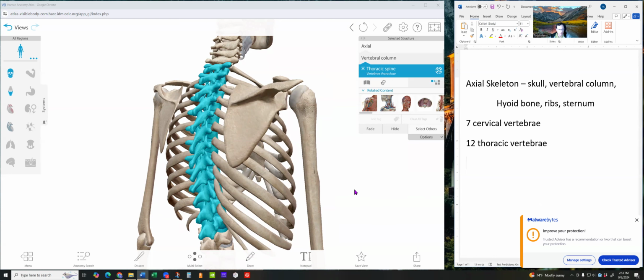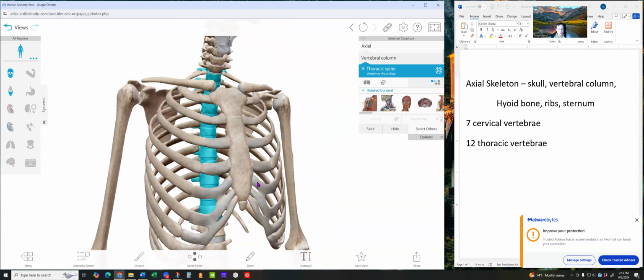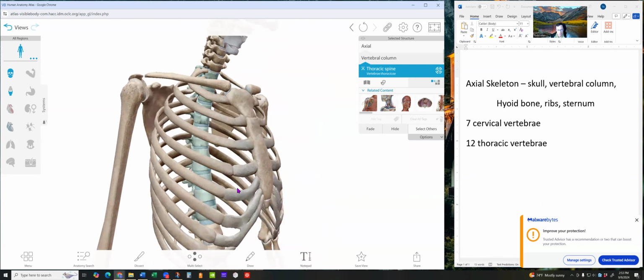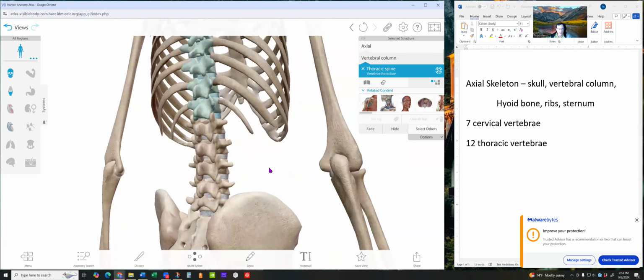Okay, 12 of them. You can see what they look like through the rib cage itself. No mysteries here. Let's keep going down.